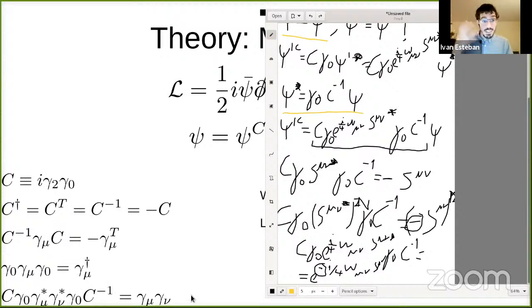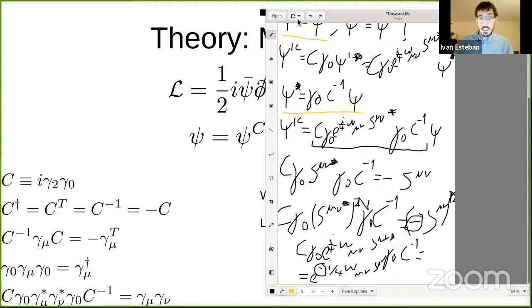So this is basically the idea of why this matrix represents charge conjugation in Dirac space, because intuitively charge conjugation amounts to taking the complex conjugate. And so this C is responsible for taking the complex conjugate of the gamma matrices.